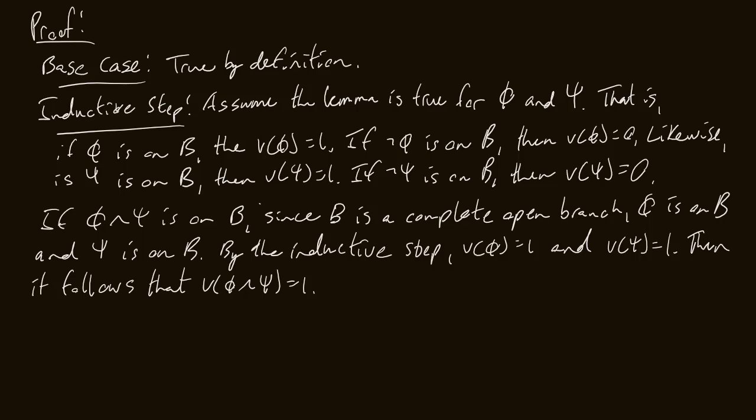And now we're going to show that if not phi and psi is on B, then the valuation of phi and psi will be 0. So if not phi and psi is on B, what can we conclude? What follows from that?